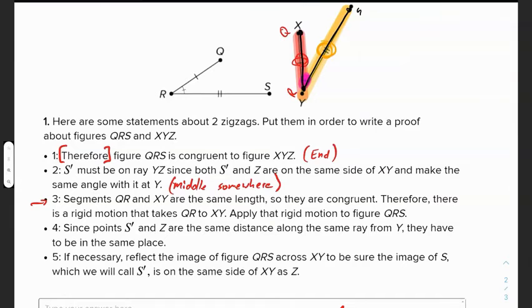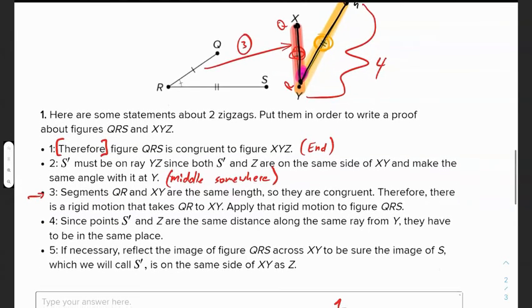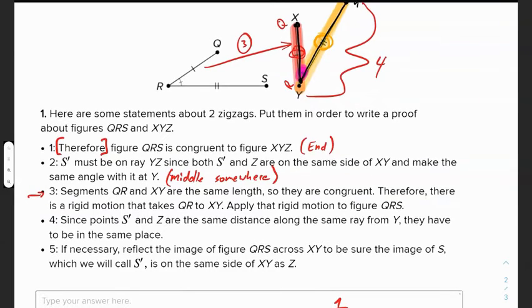Number 4, since S prime and Z are the same distance along the same ray from Y, they have to be in the same place. Well, that's after the fact of what we just did for number 3. Number 3 is like, no, we got to move QR to map onto XY. I think that's where you need to start. Let me look at the other ones just out of paranoia.